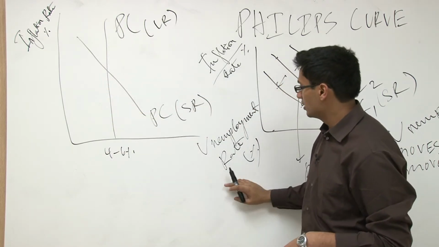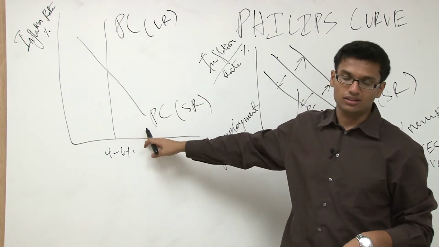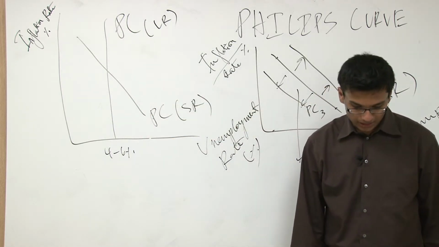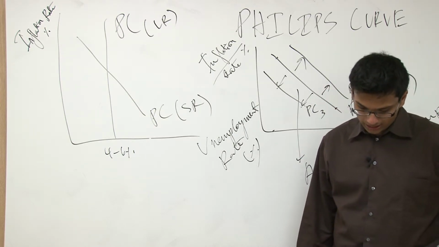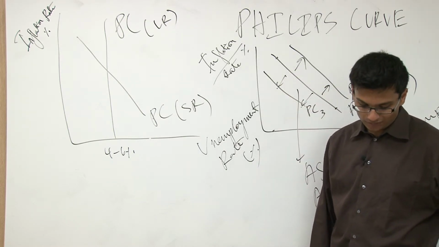That means the relationship between unemployment rate and inflation rate, this line is completely inelastic. Okay, it's inelastic. All right, that being said, we talked a little bit more about Phillips curve shifts and how various things shift on a Phillips curve.